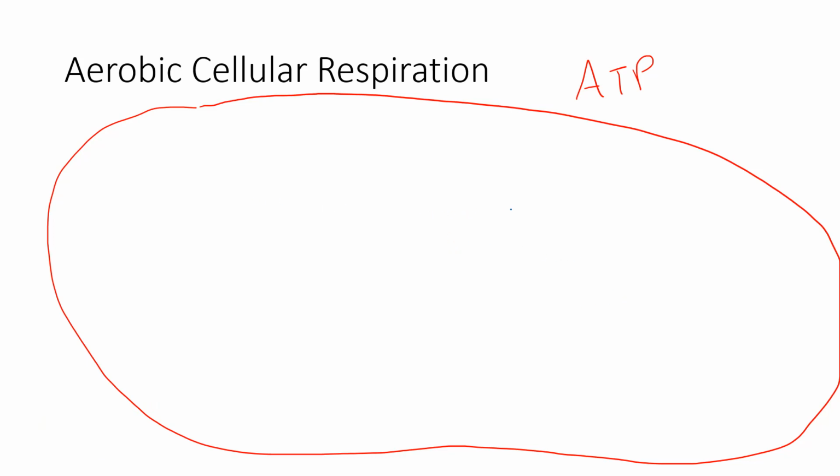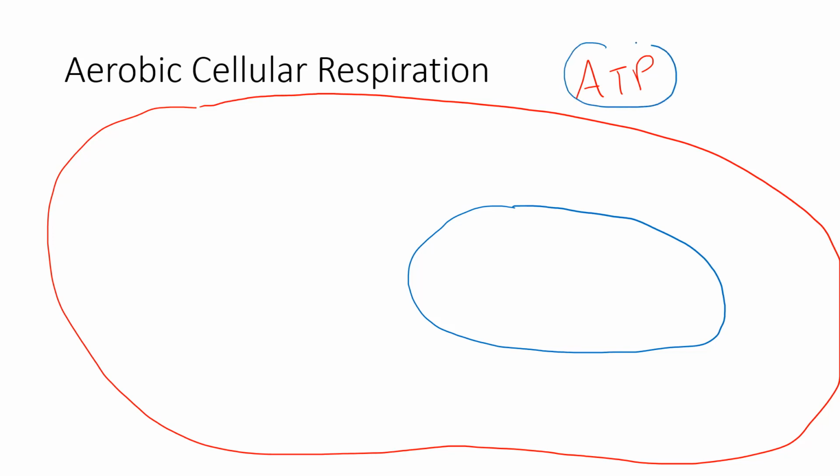I'm going to draw the mitochondria here, and a mitochondria is an organelle, and sometimes that organelle is referred to as the powerhouse of the cell, because most of the ATP that's produced inside a cell is produced in the mitochondria. The mitochondria has a double membrane. So I'm going to say that this big thing here is a cell, and this little thing here, this double membrane, is the mitochondria.